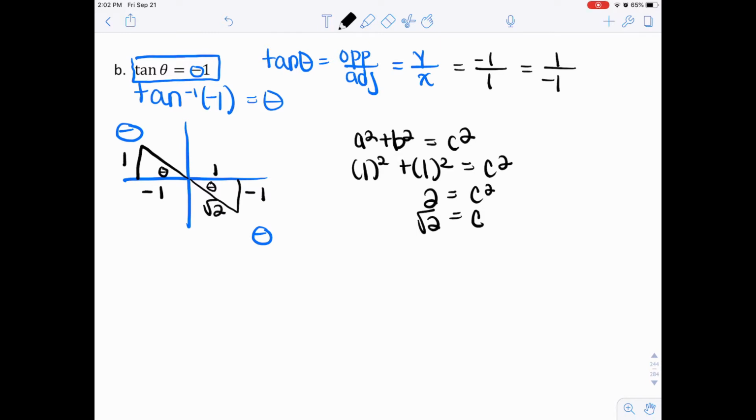And this is a special triangle, the 45, 45, 90 triangle, or in radians, that would be pi over 4, pi over 4, pi over 2 for the 90. Therefore, the reference angle that we're going to use to solve our equation is pi over 4 radians.